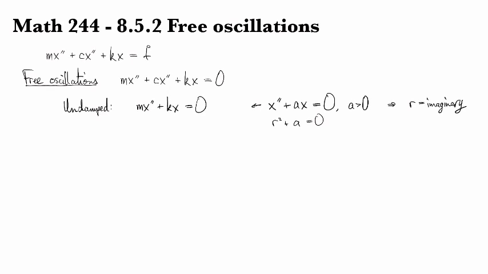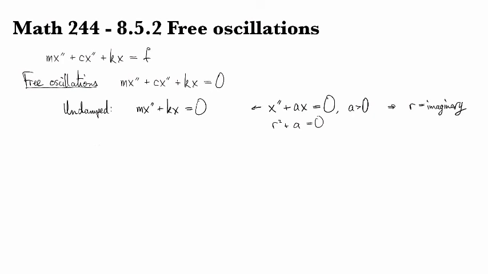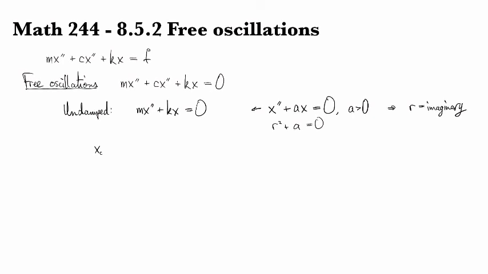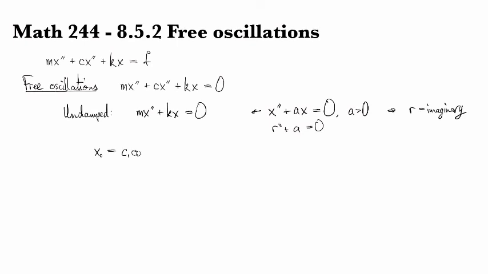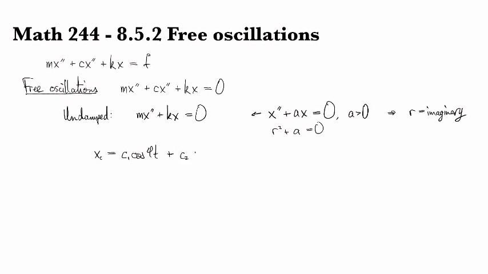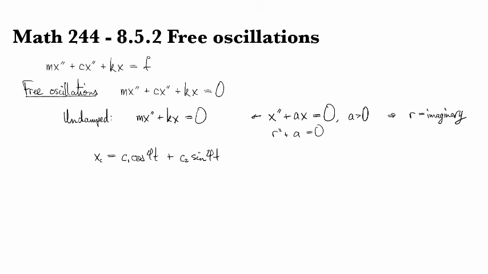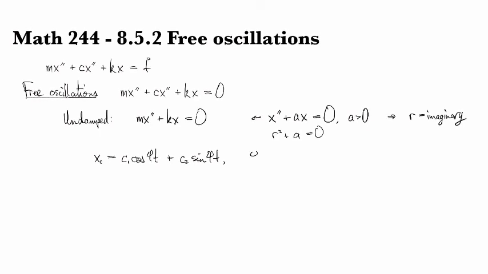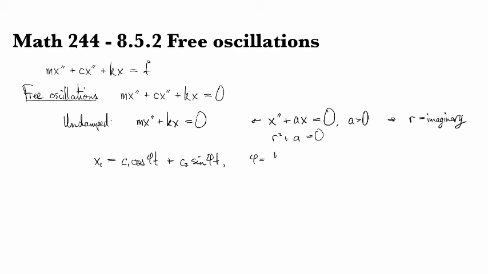That's your indication that you're going to get a pure sine and cosine as your solution. So your complementary solution is going to look something like c1 cosine phi t plus c2 sine phi t. And the frequency here, phi, is going to be the square root of k over m.